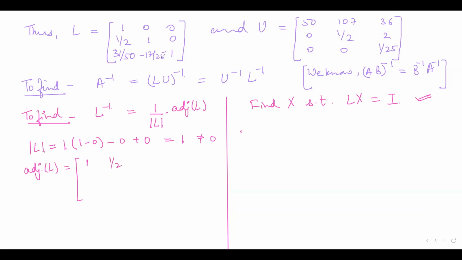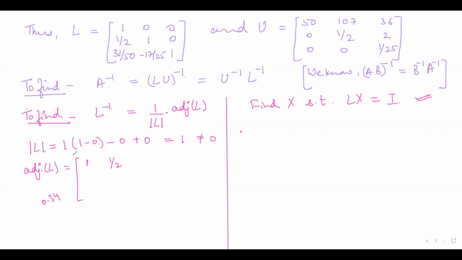This is coming out to be, let me just calculate, 17 divided by 25. So this is 0.34, and we have 31 divided by 50.